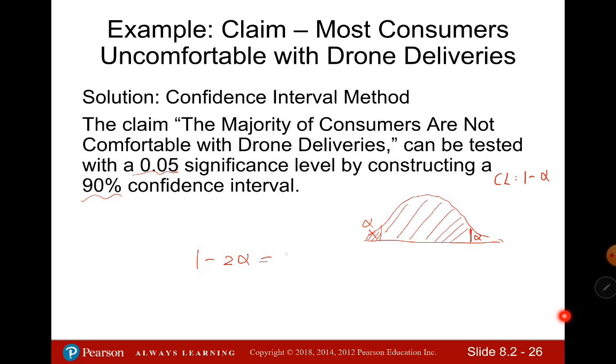In our case, it's 1 minus 2 times 0.05, so we get 90% for our confidence level. So alpha is 0.05, and the confidence level is not 1 minus alpha. It's 1 minus 2 alpha, because each tail has alpha, since we set alpha just for the right tail.